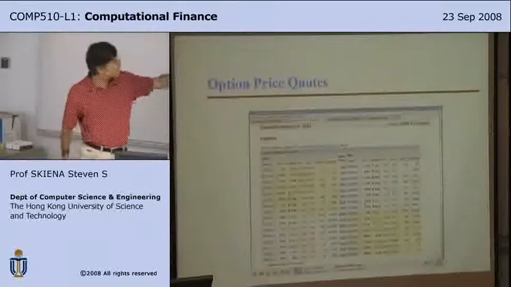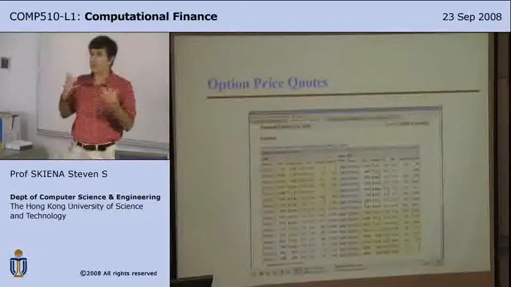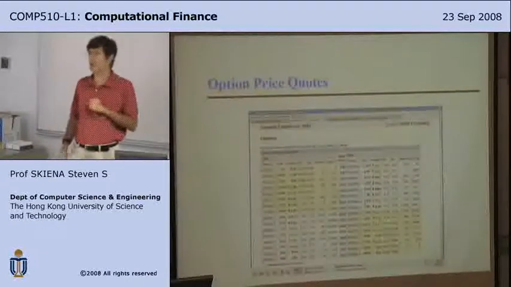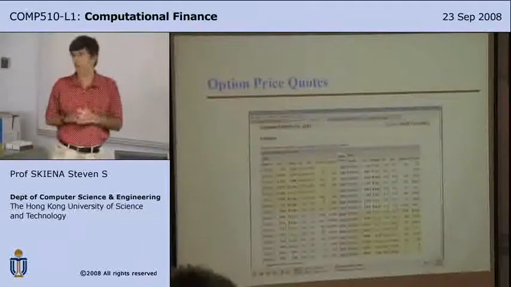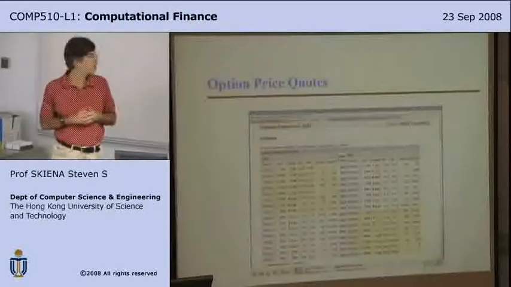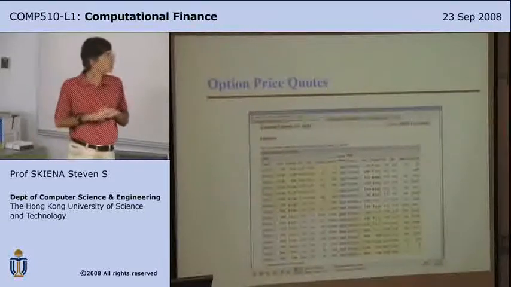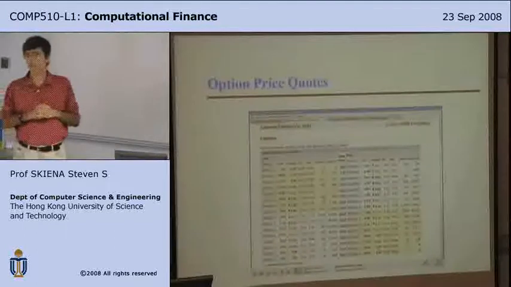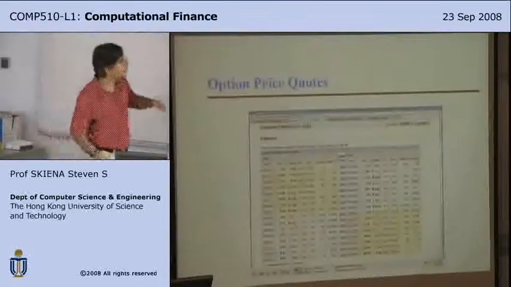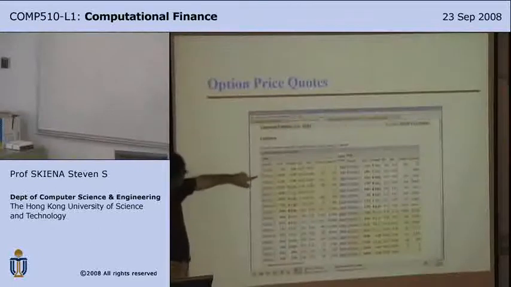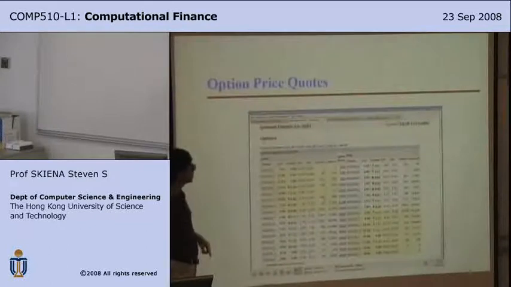The left column is the symbol. Since these are securities traded on an exchange, they're standard contracts. The left symbol gives you the description of that contract, the pointer, the ID, if you wish. The last column tells you the last price that option traded at. In this particular case, up here, the last trade was at $19.50.